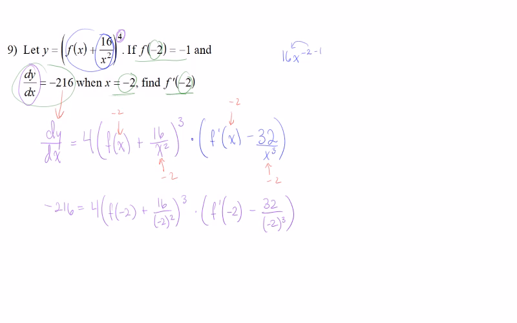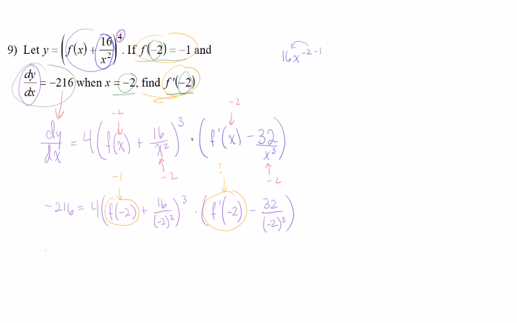All right, so now I also know that f of -2 is -1, so I can put a -1 in here for that value. And then f prime at -2, that's what we're trying to find. So this is like the big question mark, like our variable. We can think of that as just x, and we're solving for x.